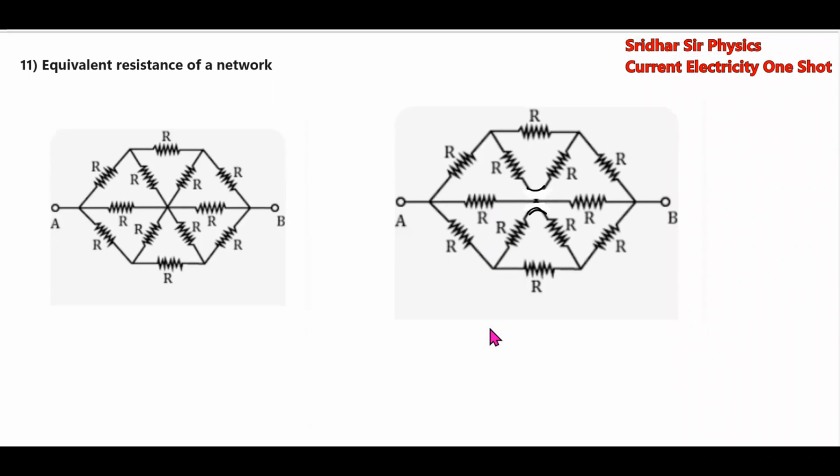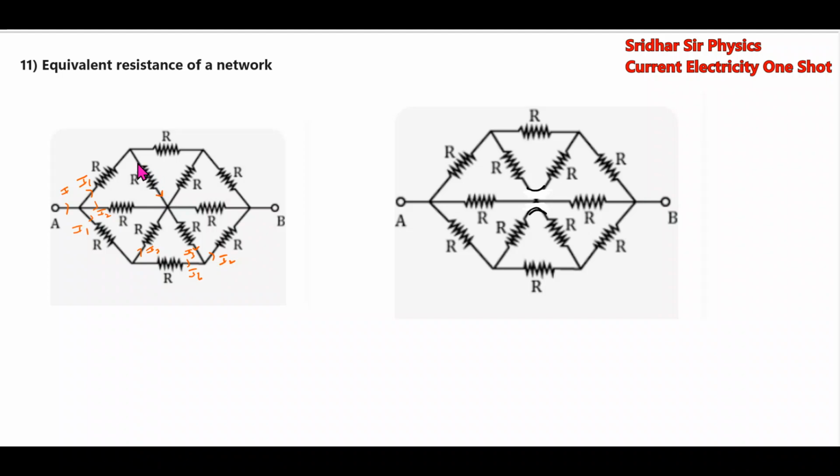Next, we have the circuit's equivalent resistance network. Now the current I will come. It will branch out like this: I1, I2, I3. We'll assume like this. This current is I1. Let this be I2. Here I3. Here I3 will combine.